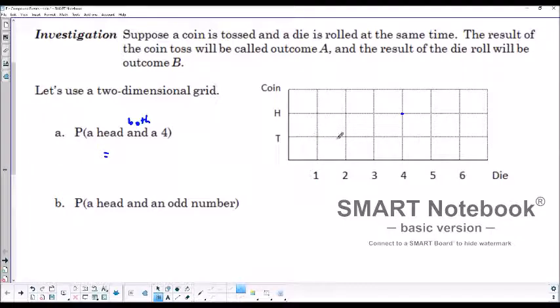There are 6 possibilities for a die and 2 possibilities for a coin, so together there would be 12. So the probability of the coin toss and the die roll being a head and a 4 is 1 over 12.